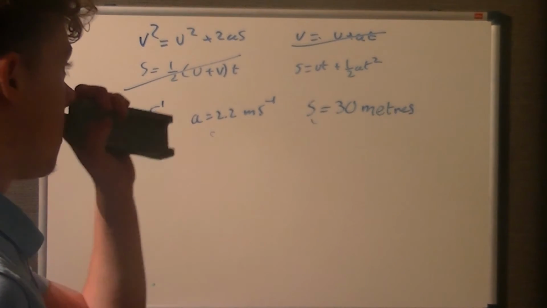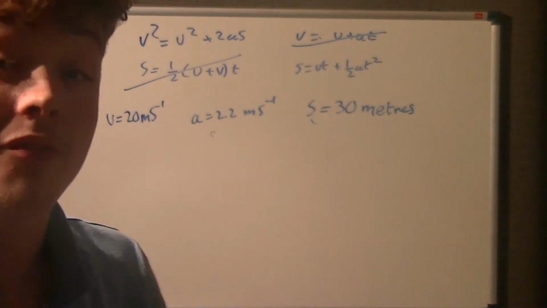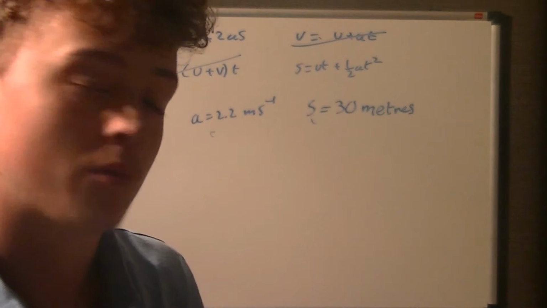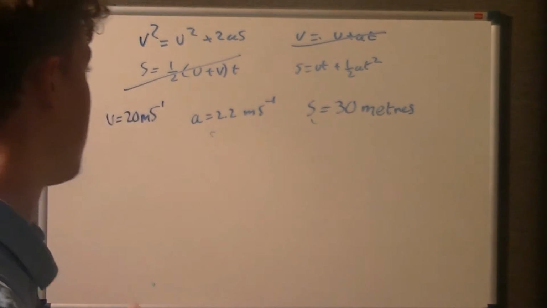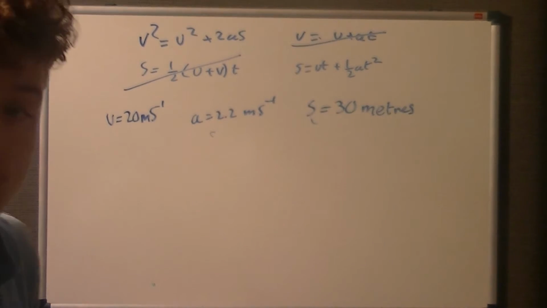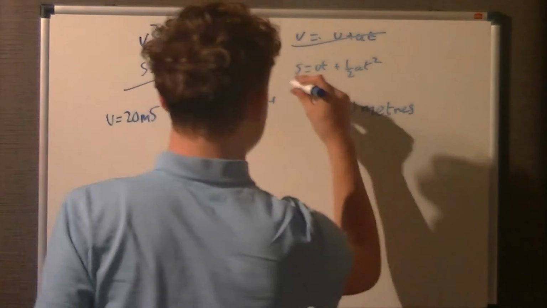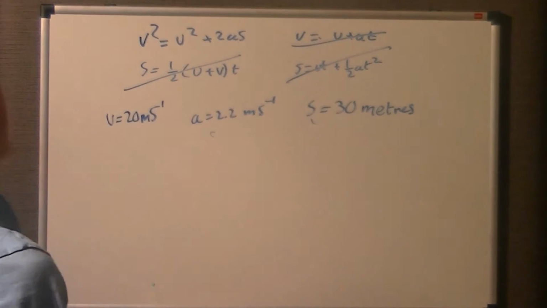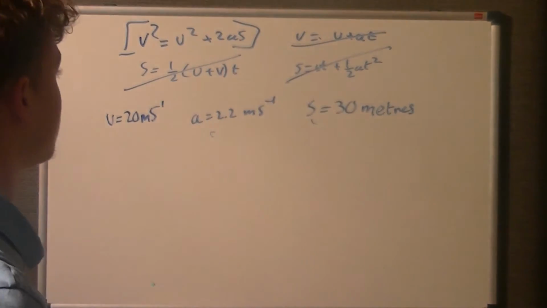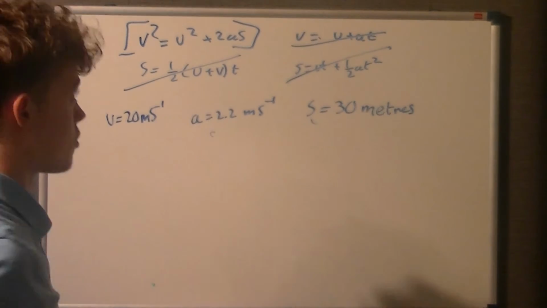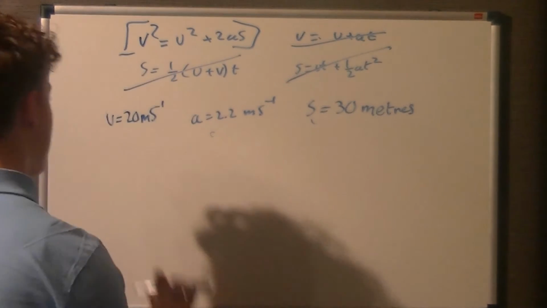You don't have to get rid of it, but it's just easier to find one that's more likely to fit all your criteria of what you've got. Now, we don't have time in this question, and the only equation with time is this one, so we can cross it out. So we're left with this one, V squared equals U squared plus 2AS. So we put it into the equation.